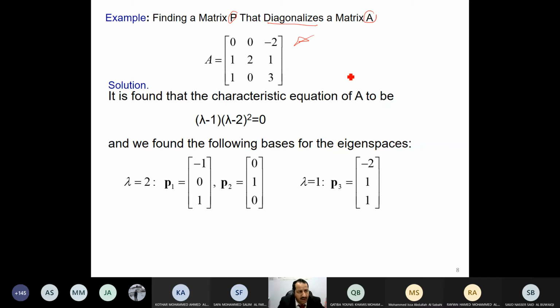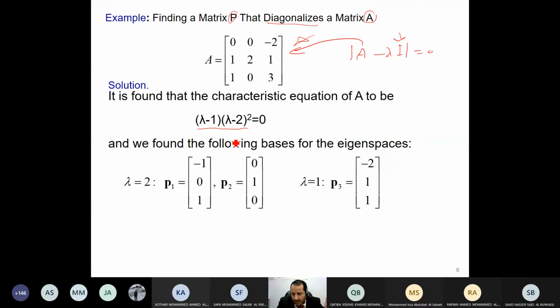I say the determinant of A minus lambda I equals 0. I substitute A, and the identity times lambda, which is lambda 0 0, 0 lambda 0, 0 0 lambda. I subtract, simplify, and use cross product expansion to find the determinant. Then I got this formula.